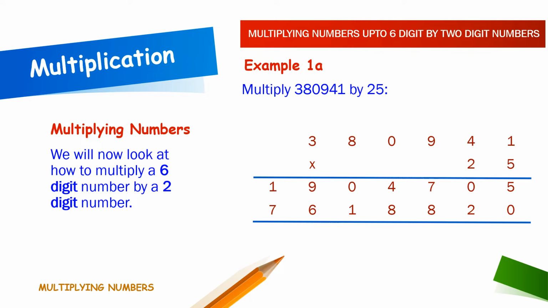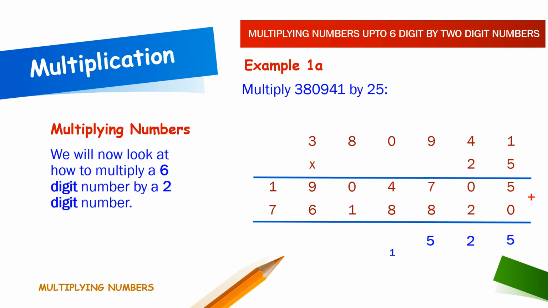We can now add the 2 rows. 5 add 0 is 5. 0 add 2 is 2. 7 add 8 is 15. Position the 5 to the left of the previous digit and carry the 1 over.